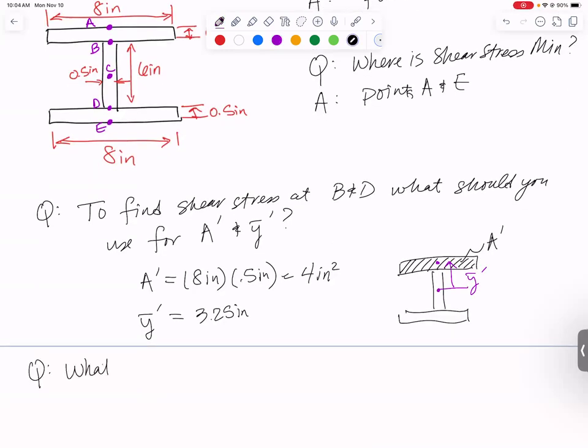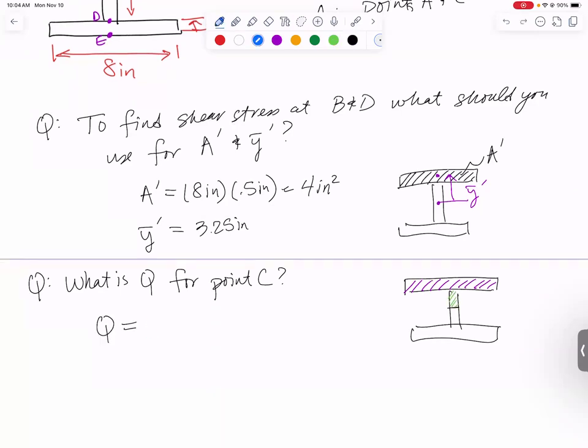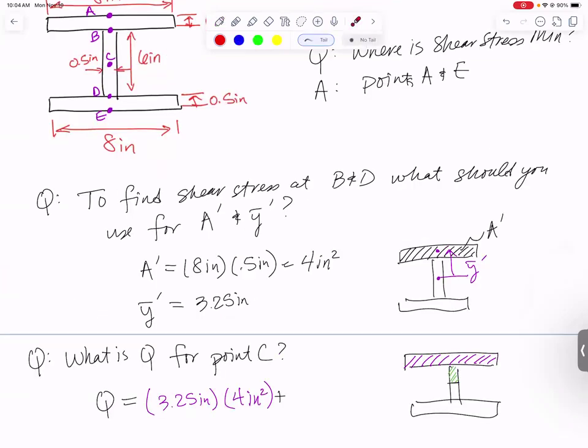Finally, what is Q for point C? Let's draw another picture again. This time we're going to have two pieces that are contributing to our Q, the purple one and the little green one. Q is going to be, first of all, the Q that we found up above. Q for that purple shape was going to be 3.25 inches times 4 inches squared. Now we need to add to it Q for the green rectangle. It's going to have an area of half an inch times 3 inches.